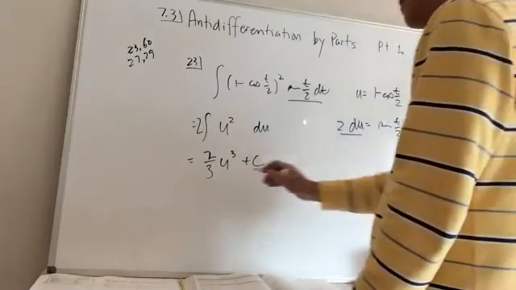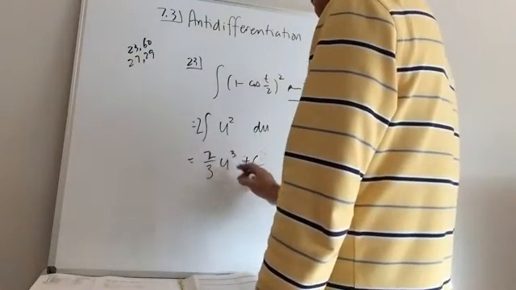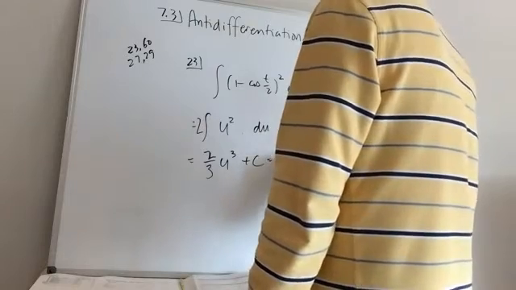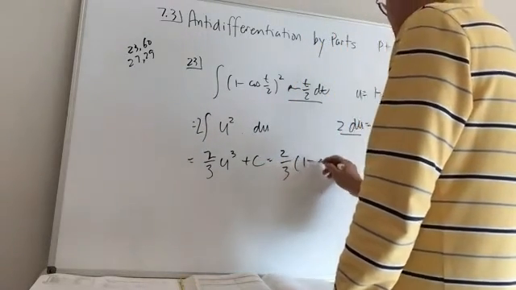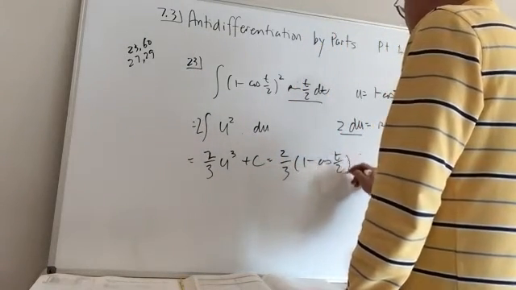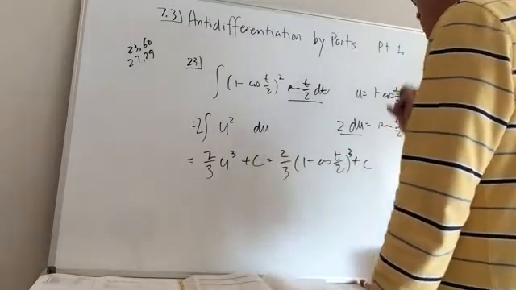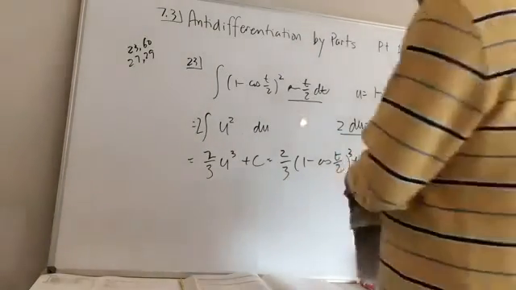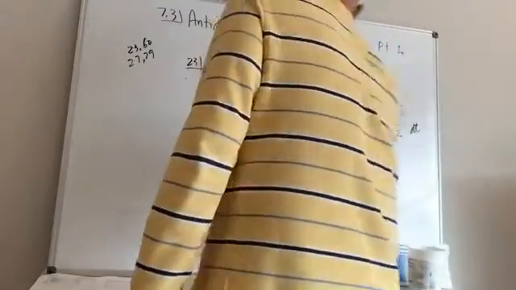So this is this. Do we get this? Oh, okay. I was just confused. So it's 2/3 (1 minus cosine t over 2) cubed plus c. That would be your answer. Okay, thank you. I just got confused in that middle section. So we're good with that one.